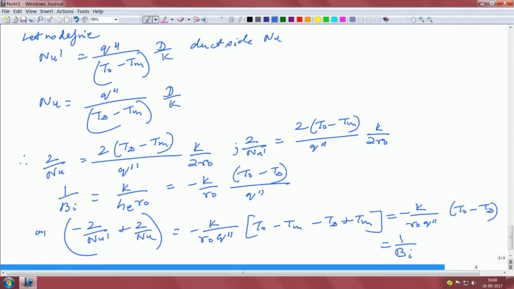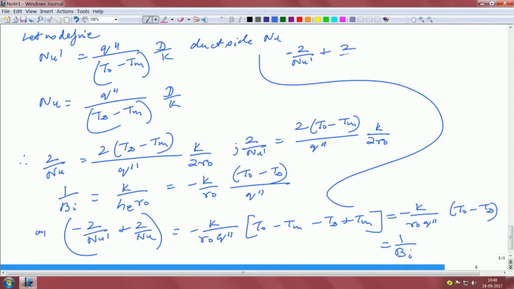Got it? So, in other words, what we can write over here is that 2 by Nusselt number prime plus 2 by Nusselt number is basically equal to 1 over Biot number in this case.